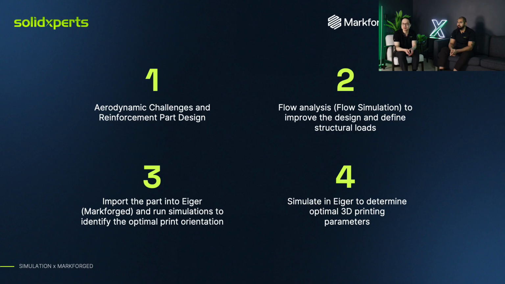dynamics analysis. Then it's simply importing into Markforged's Eiger, where we were able to identify the ideal printing direction, okay, sort of as a preliminary step here, to then perform a more complete simulation analysis directly in Eiger, still with Markforged, in order to simply optimize the 3D printing parameters.